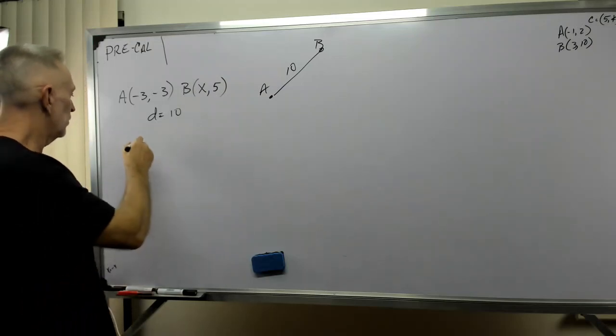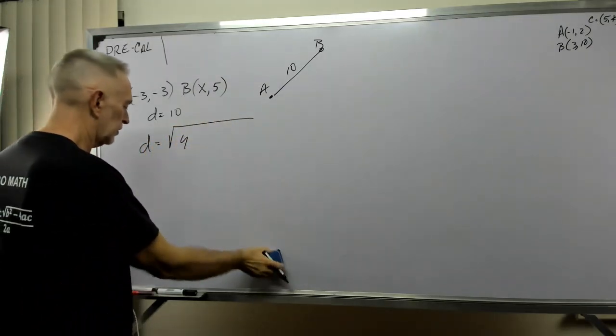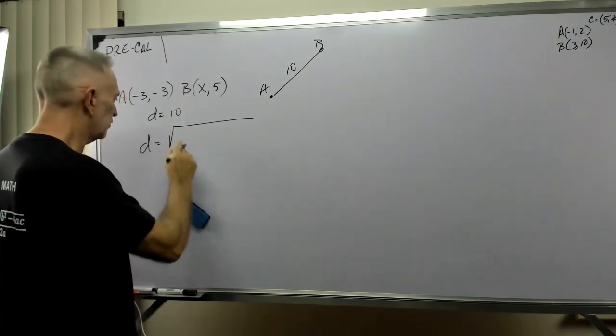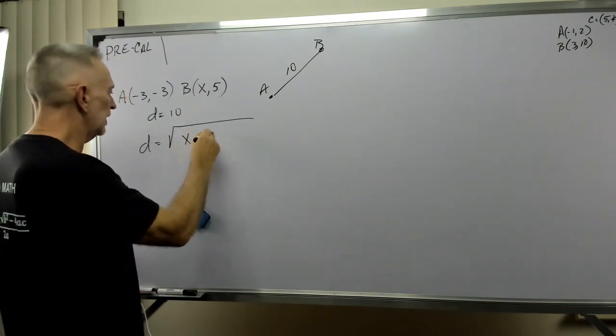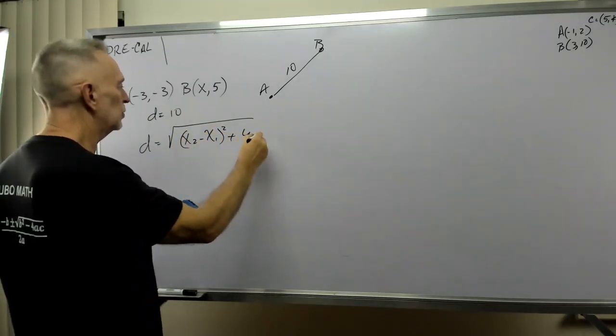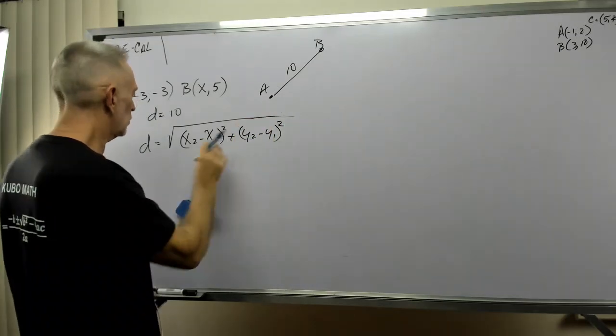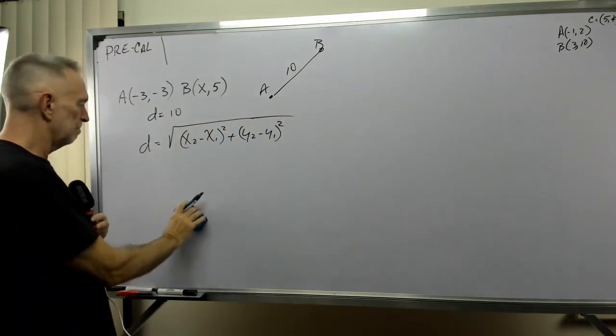Well, we know the distance formula is, let's go with x first, x sub 2 minus x sub 1 squared plus y sub 2 minus y sub 1 squared, and the square root of that sum.